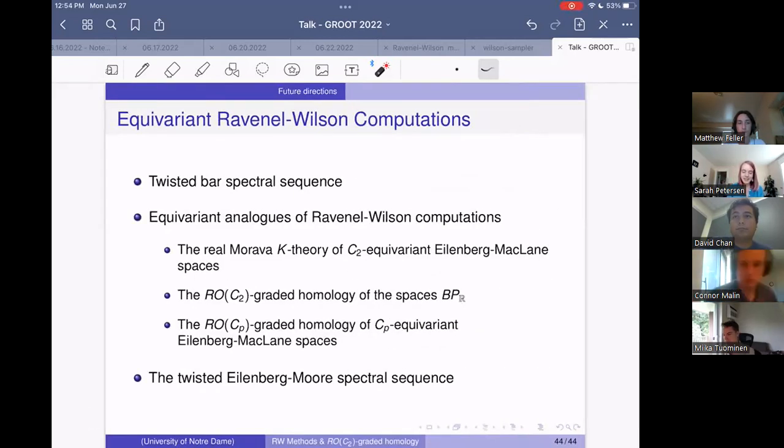And then besides that, there are a few computations that could be done with the real Morava K-theory of C2 equivariant Eilenberg-MacLane spaces, the RC2 graded homology of the spaces of the real Brown-Peterson spectrum, and then generalize to odd primes where we likely may not have as much freeness as we do here in the C2 equivariant case. And then, a bit dually to the twisted bar spectral sequence, it would also be interesting to do some twisted Eilenberg-Moore spectral sequence computations.